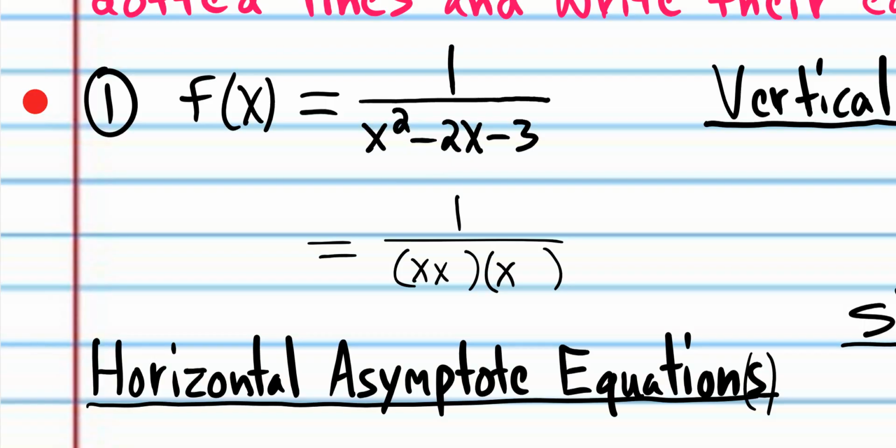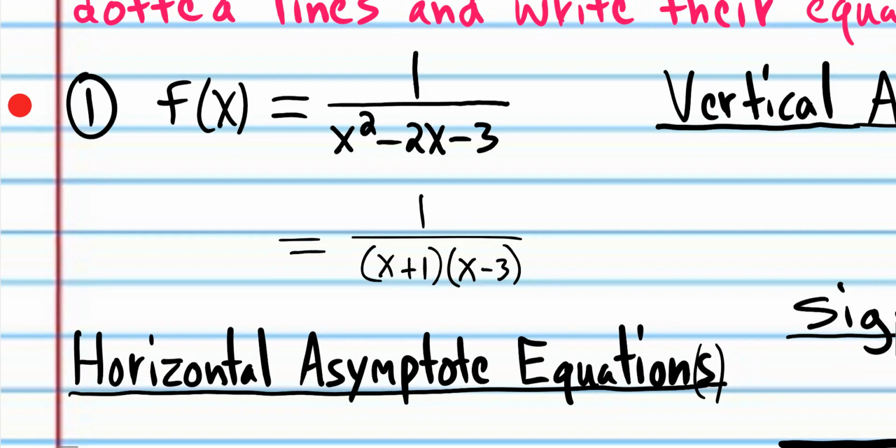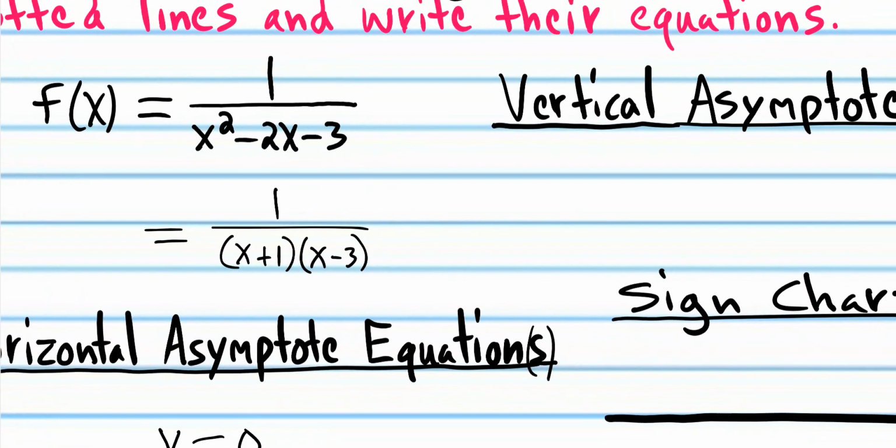So that's going to be -3 and 1. Okay, so what this tells us is that if we plug in -1 or 3 to this function, we get 0 in the denominator.